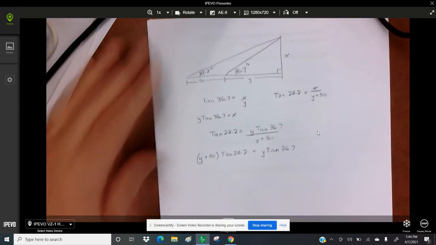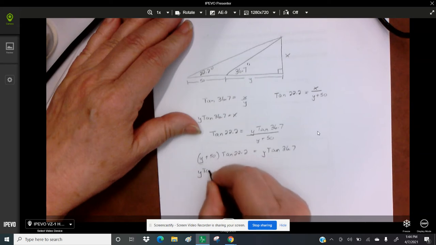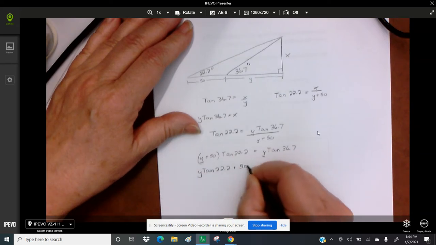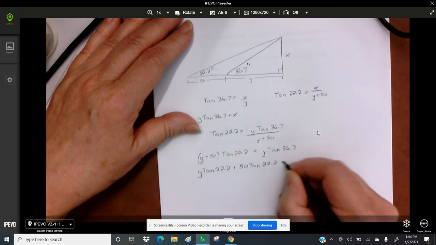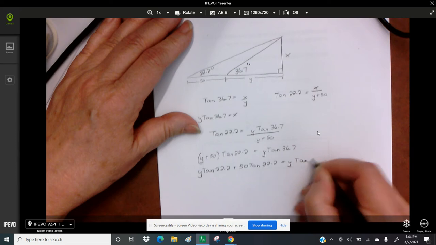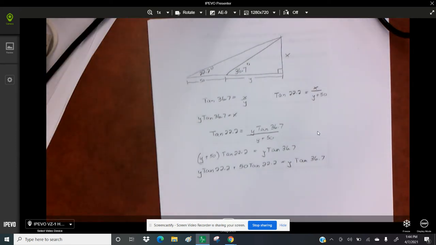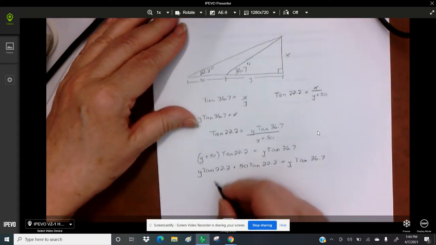I'm now going to distribute this y and this 50 to the tangent. So I'm going to have y times the tangent of 22.2 plus 50 times the tangent of 22.2, and that's going to equal y times the tangent of 36.7. I'm going to get all my variables on one side and all my numbers on the other, so I'm going to subtract over this y tangent of 22.2.